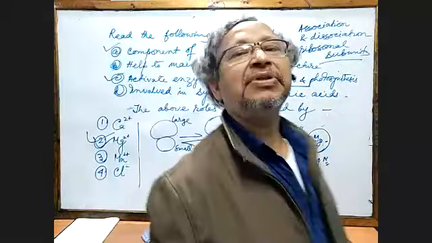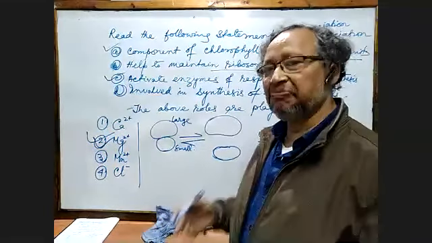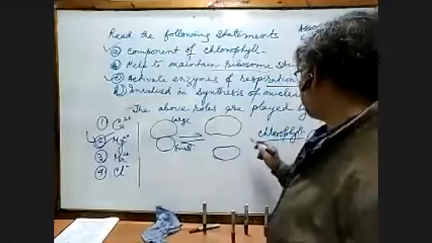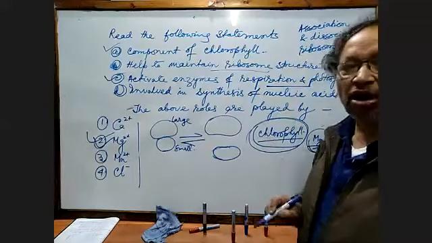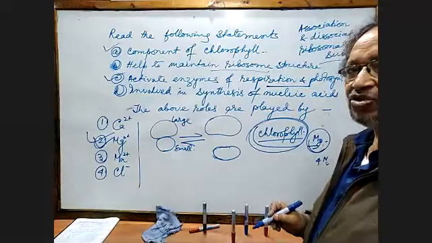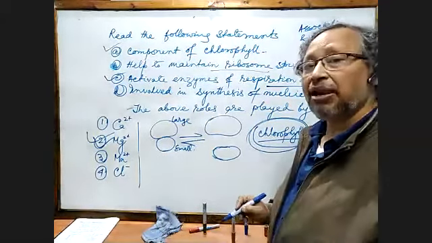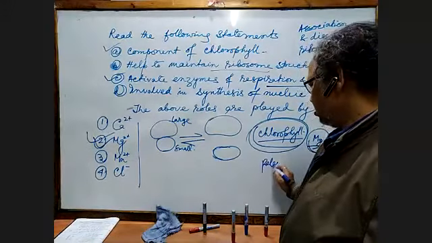If magnesium is deficient in the soil, then what will happen? If magnesium is short, the chlorophyll will not be synthesized, and the color of the leaf will become pale yellow.